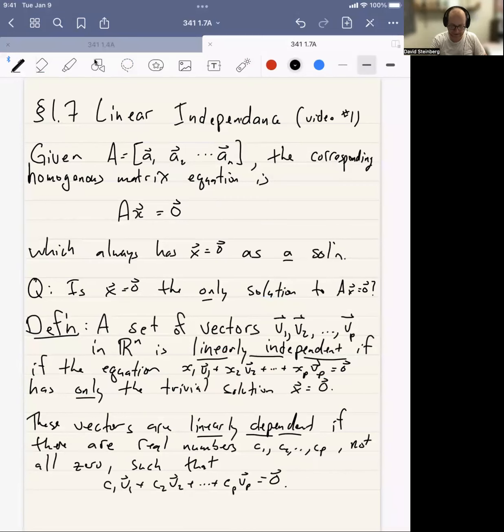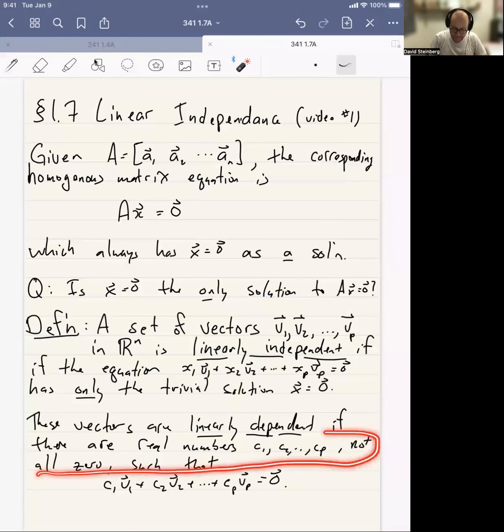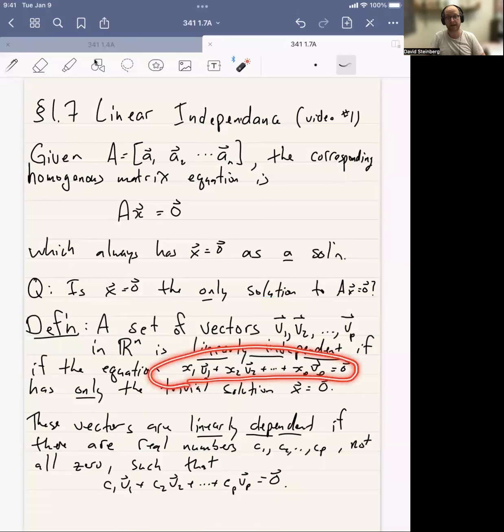The big difference here is that we're allowing some real numbers, some of which aren't 0. For linear independence, the only way we can get the sum to be equal to 0 is if all of the x's are 0. Linearly dependent means we can find some non-zero real numbers c1 through cp that make this true. This is called the linear dependence relation.